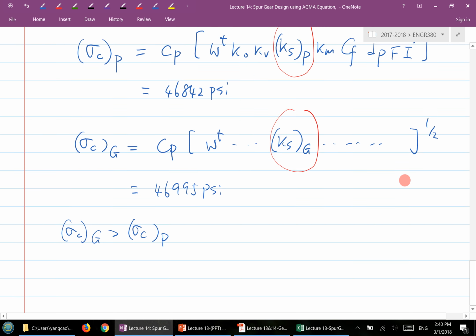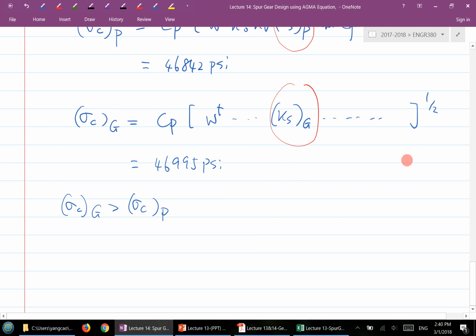Good. So now we have two different types of stresses: bending stress and contact stress, for the two different types of failure that we want to analyze.